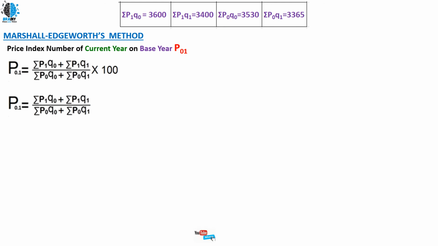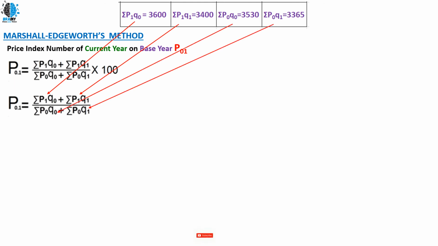Now I am going to substitute all the values from the tabulation: summation P1Q0, summation P1Q1, summation P0Q0, summation P0Q1. After summation and calculation, I will be getting the value for P01 as 1.01. This is my price index of current year based on base year. So let's see the next one.